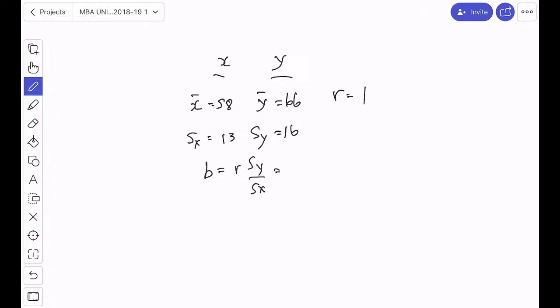So now R was 1, SY is 16, and SX is 13. So 16 divided by 13 would be about 1.23. If I don't use any decimal places, it's going to look really boring, so let's keep 2 decimal places for the result.